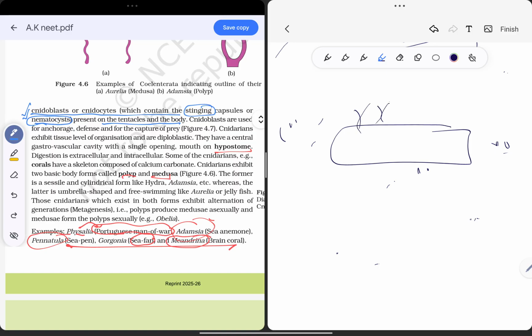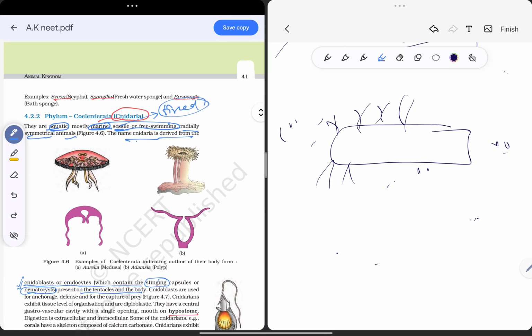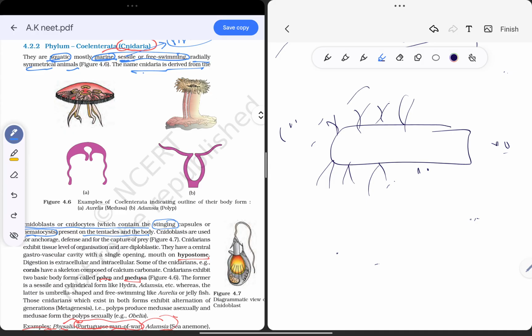There are some tentacles present on the body of Coelenterata. That is the reason why it's known as Cnidaria.